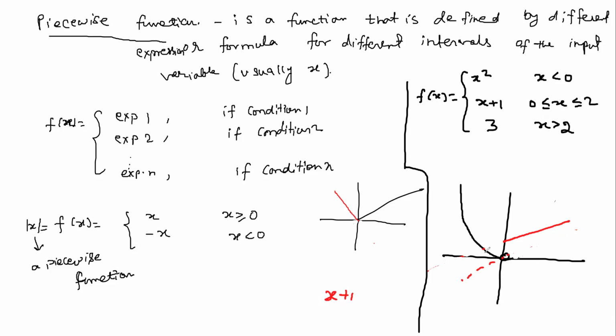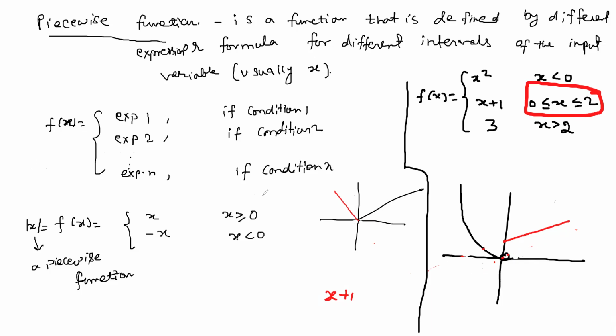Wait, what are you supposed to do? You have plotted a line, but this line is for x from minus infinity to plus infinity. You have to plot the line from 0 to 2 only.